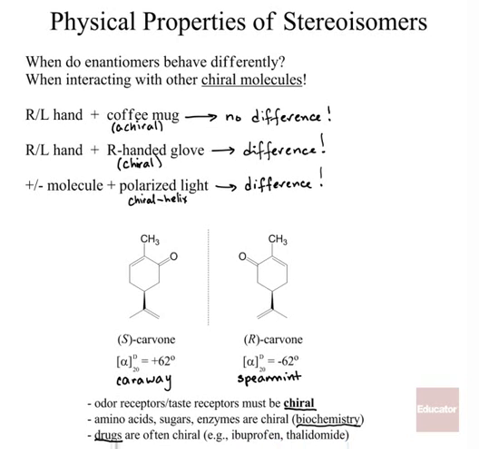Thalidomide is a chiral molecule, and it was discovered years ago that one enantiomer had very good benefits, but the other enantiomer had devastating effects. It was teratogenic and caused birth defects. So it's hugely important to consider the stereochemistries of your molecules when you're dealing with things that are going to be entering the body, especially pharmaceuticals, because the different enantiomers might behave differently.